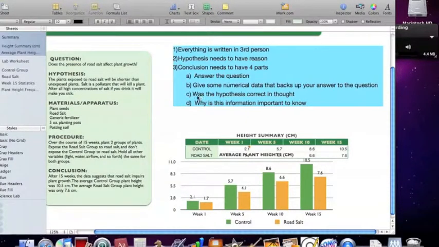Was the hypothesis correct in thought? Well, they never went back and revisited the hypothesis. They kind of lead to it, so let's see about adding something about it. And remember, it's third person, so you can't say my hypothesis.